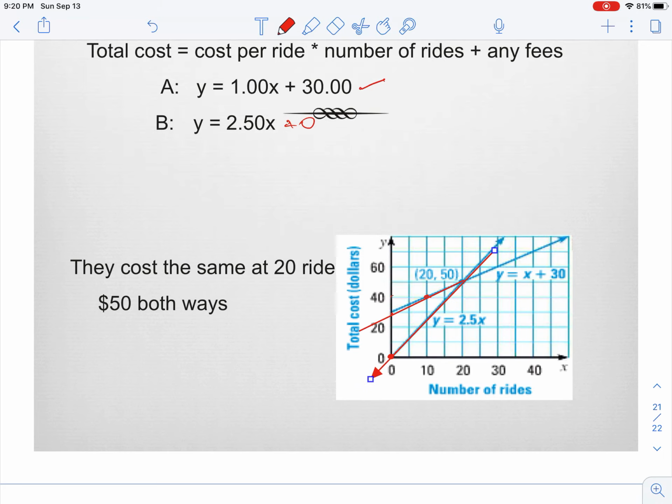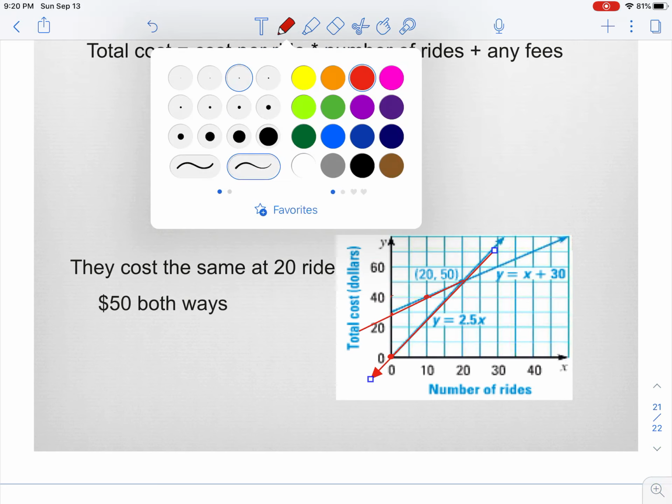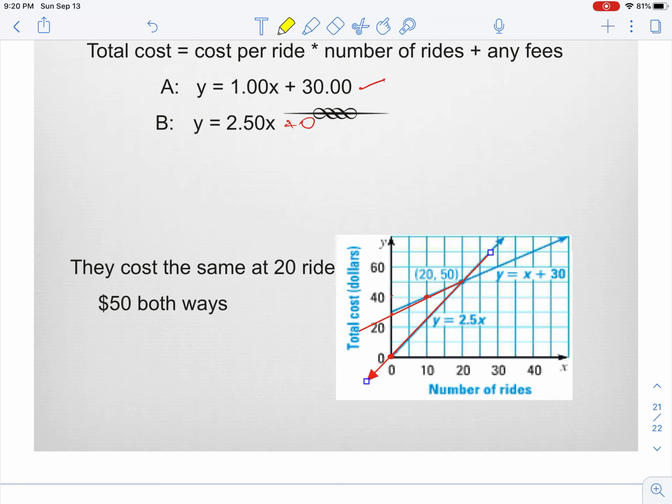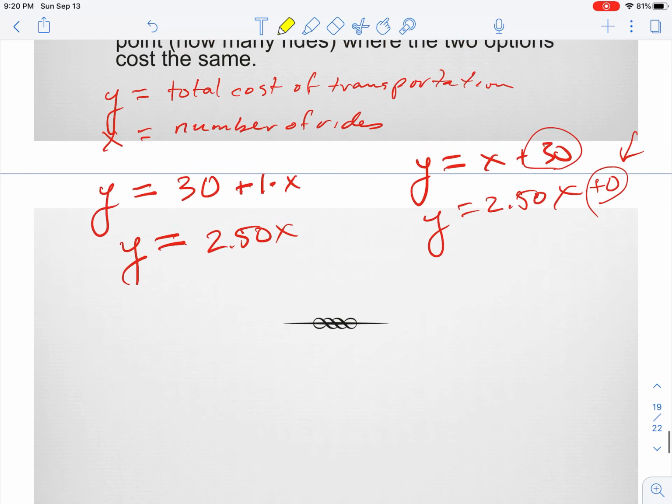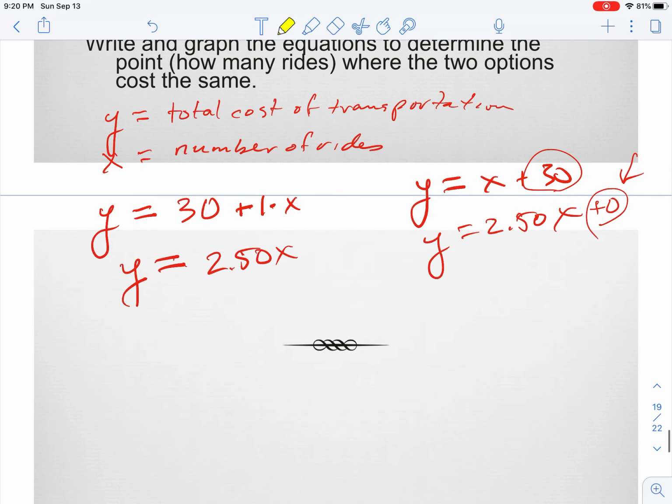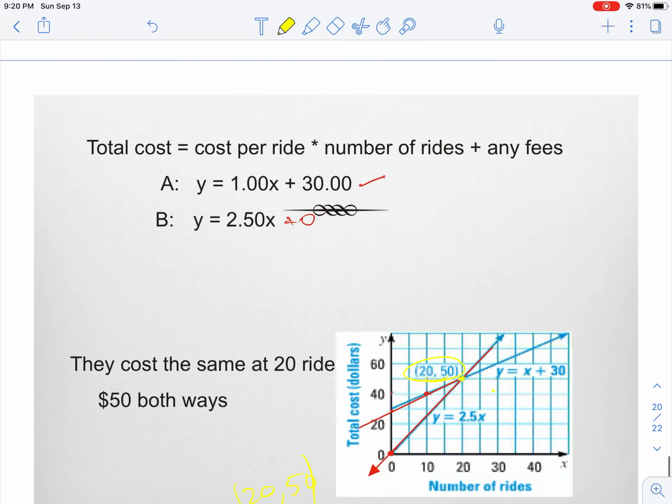it looks something like that. What I find is there's a point up here where we have a point of intersection. And it looks like it's at (20, 50). So what that means, if you go back to what we said, is y is our total cost of transportation.